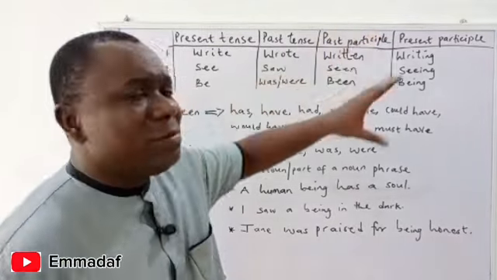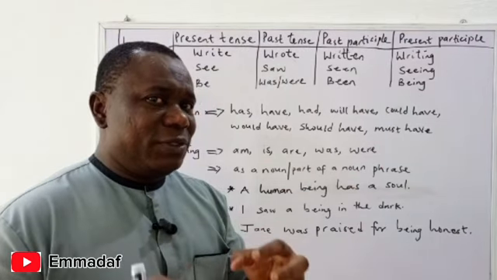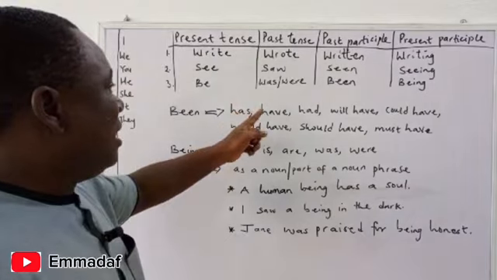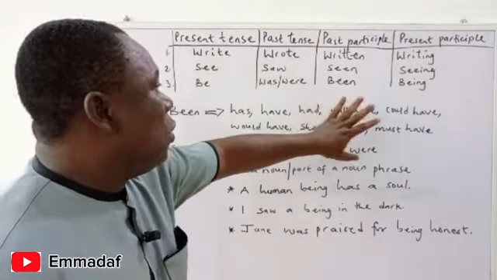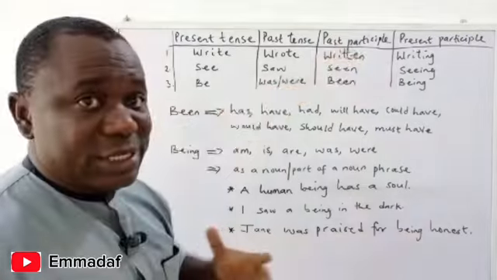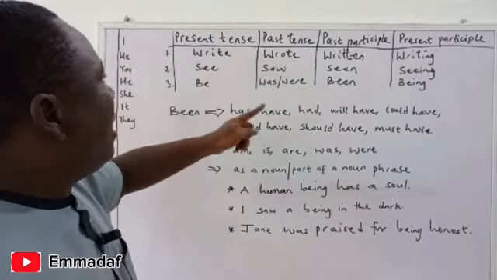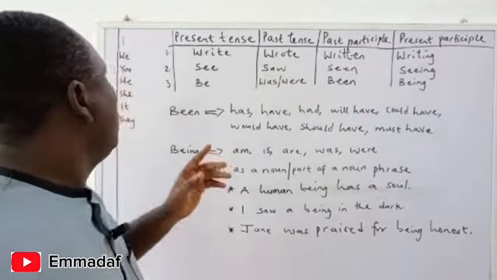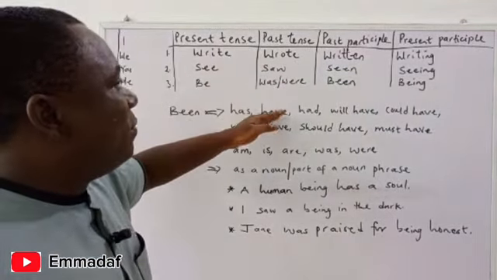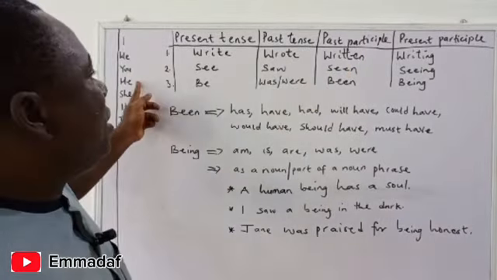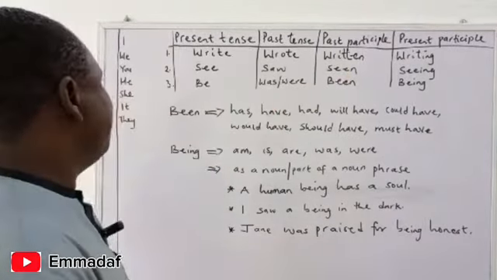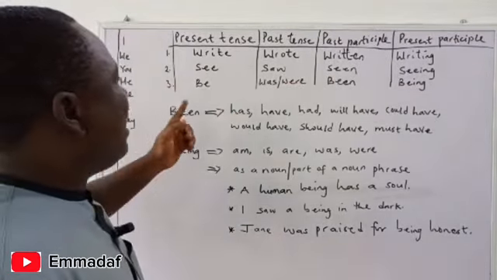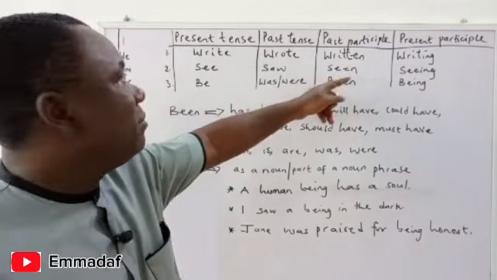Now, the past participle of the verb is a form that you use with the auxiliaries has, have, had, will, etc. All of these here, you use them with this. This is why we say, I have written, not I have wrote. We have written. He has written. She has written. I have seen.